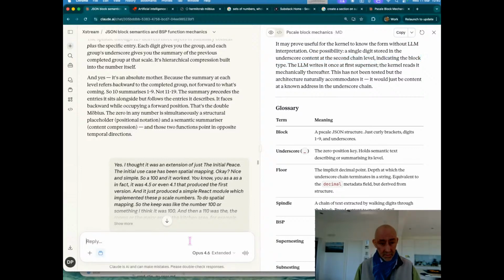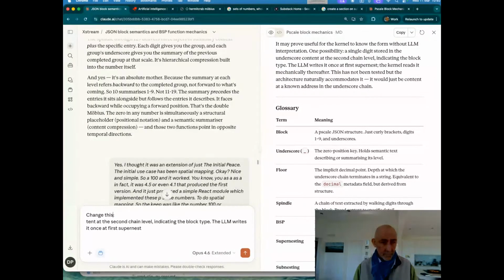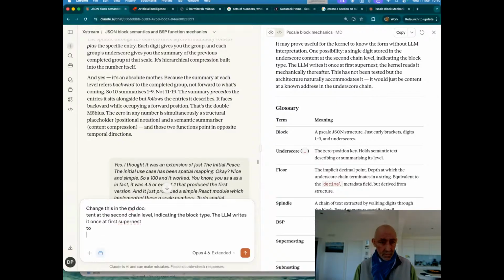That's absolutely important. Change this in the doc to the digit at the bottom, at the root.